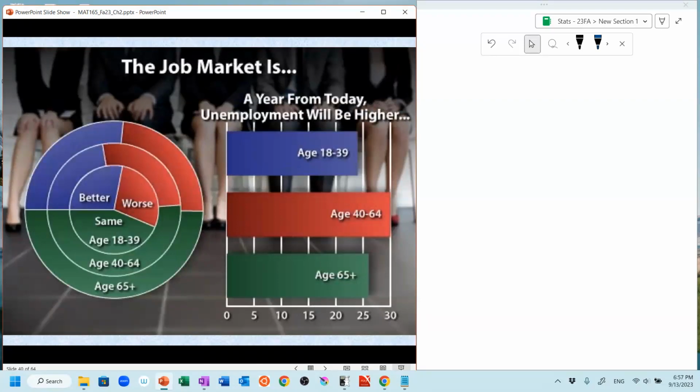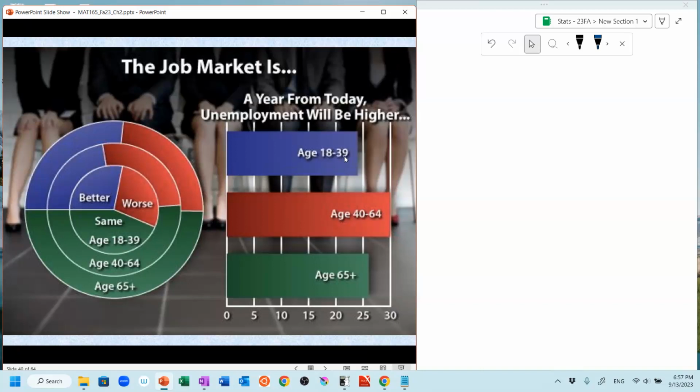One that I think is even worse than that, from the same report, you can tell the same background, is this one. We have a year from today, unemployment will be higher, presumably the proportion of people in each of these three strata who agree with this statement.